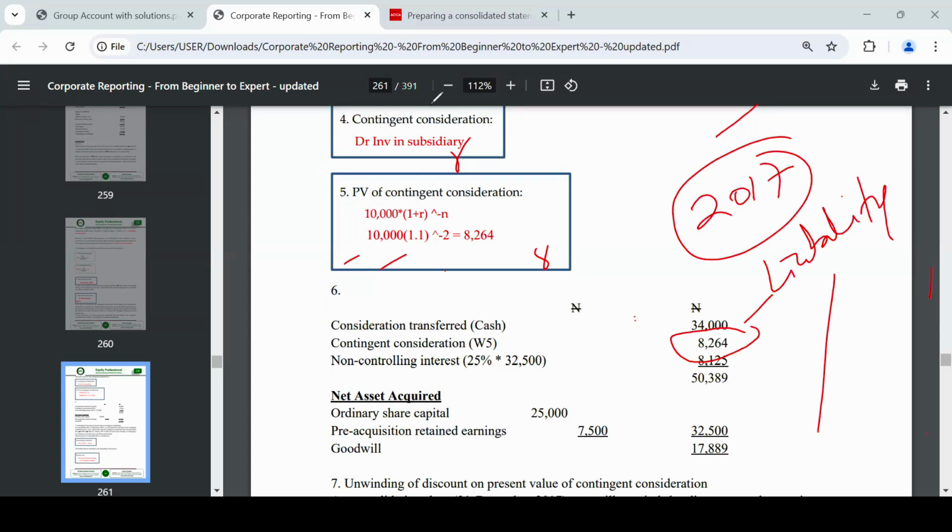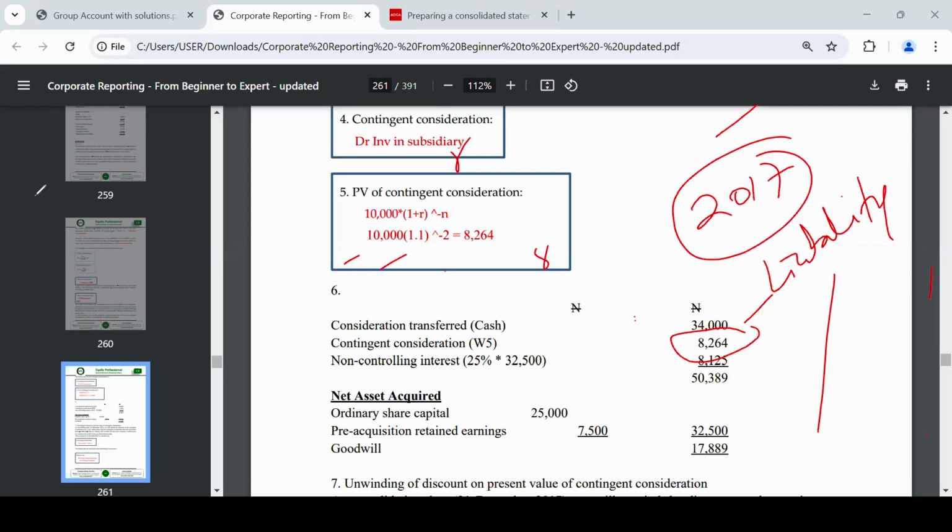Then the unwinding will be a current liability. It means they are going to owe an additional amount which is payable in the next 12 months. So I'll treat it as current liability.